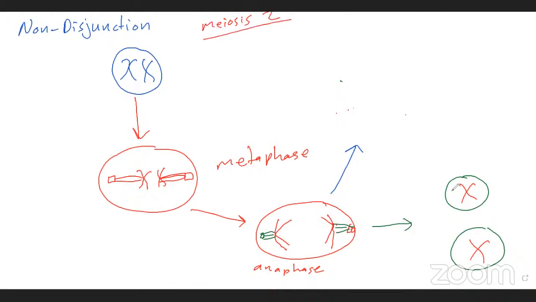This cell here. At the end of meiosis 2, what should happen? Basically, how should it end? It must be haploid. All right. We must get 2 cells, one here and one there, right?